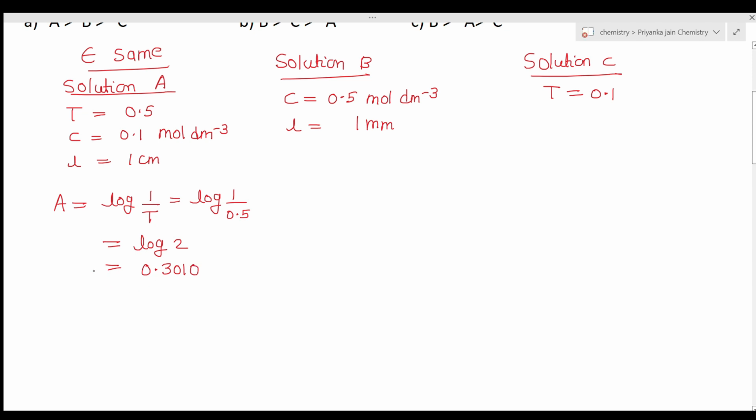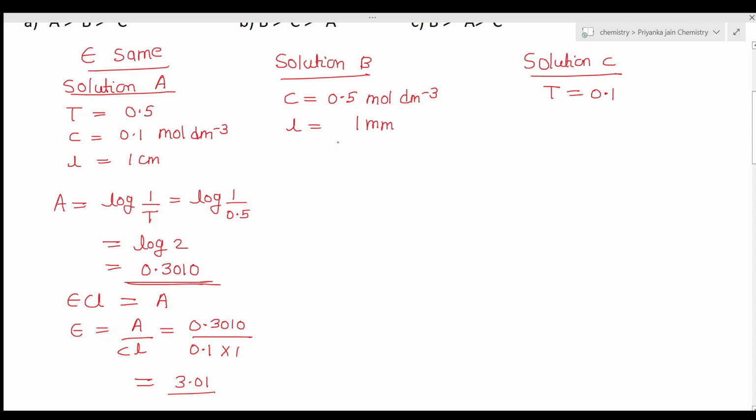Now we have been given C and L, so we can find epsilon. We know epsilon CL is equal to A, so epsilon will be equal to A upon CL. Just put in the values: 0.3010 divided by 0.1 into 1. This value comes to 3.01. So our optical density for solution A is 0.3010.